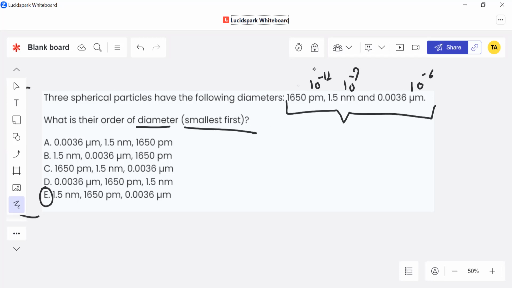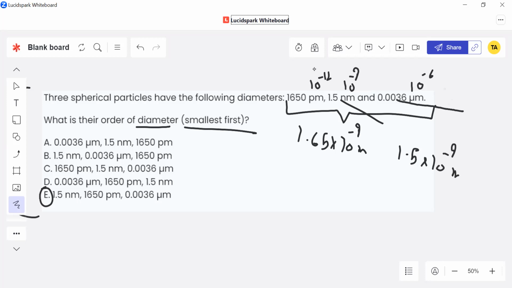So 1650 picometer in meters would be 1.65 times 10 raised to power negative 9 meters, right? Nanometers is 1.5 times 10 raised to power negative 9 meters.